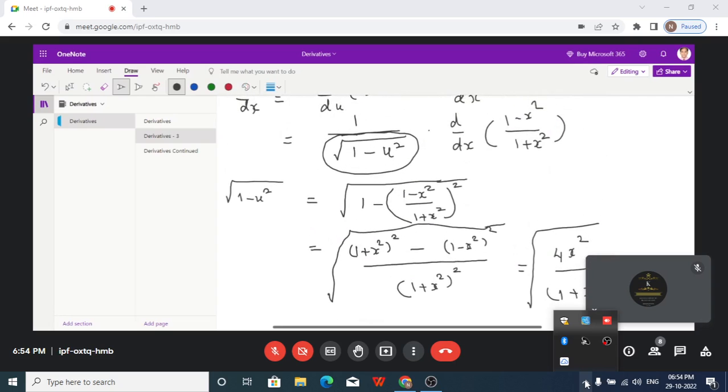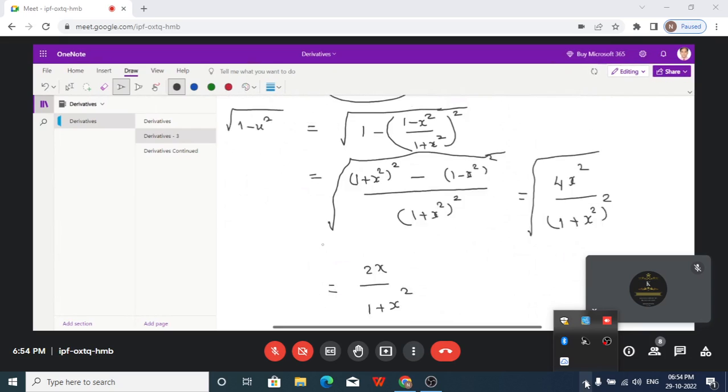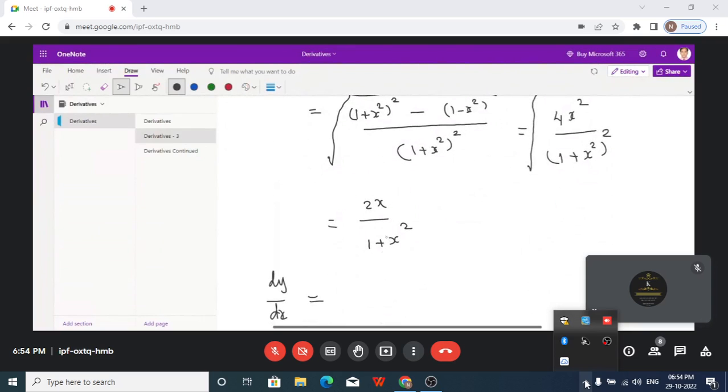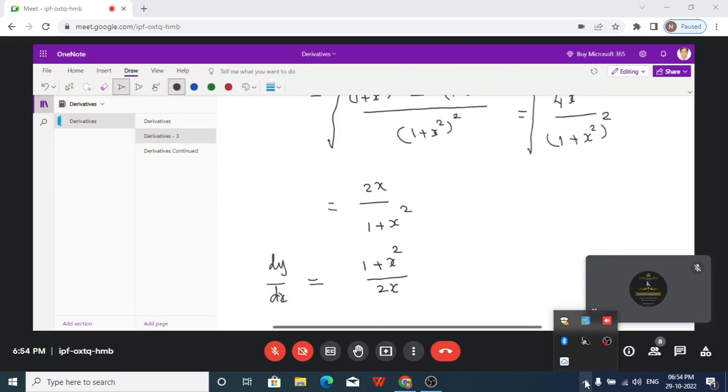Now let's substitute. So what is dy by dx? One by this, so I will just write it upside down. So this is 1 by square root of 1 minus u square, which becomes 1 plus x square by 2x.